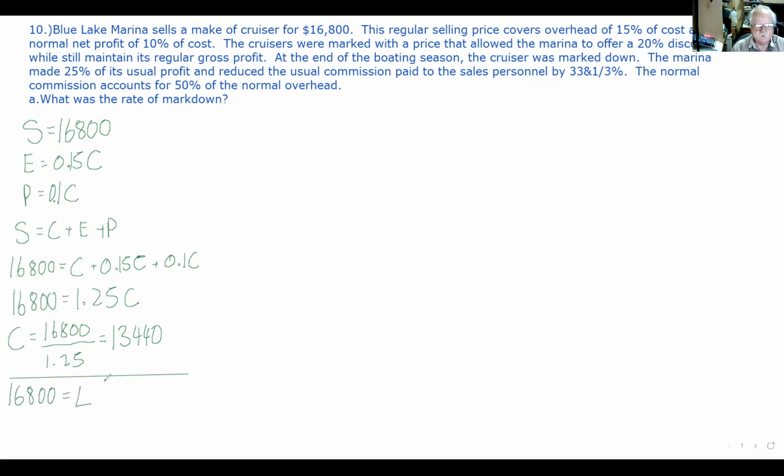We don't know the artificially inflated price, but we do know they're offering a 20% discount. So the list equals 16800 divided by 0.8. So it turns out they put a price tag of 21,000 on there.